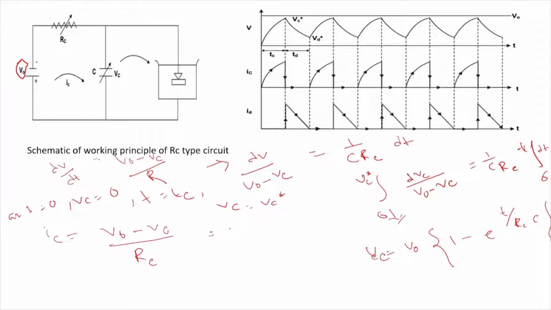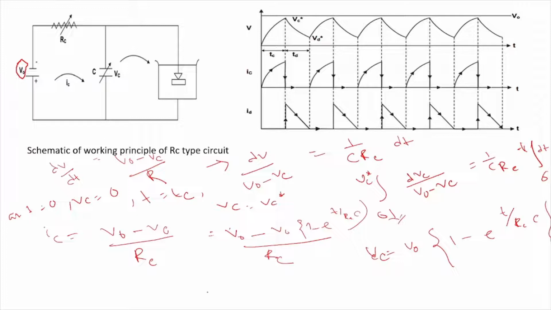So if we put the value of Vc from here, we have found that Vc equals Vo into 1 minus e to the power t by Rc into C. If we put this value in place of Vc, then we'll get Vo minus Vo into 1 minus e to the power t by Rc into C, divided by Rc, right?